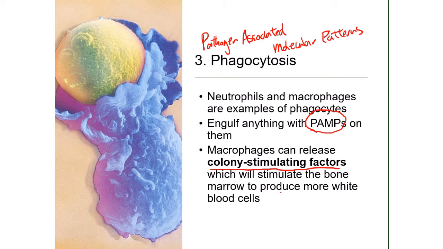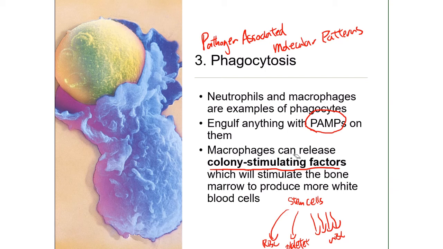You might remember from last lecture that in the bone marrow there are stem cells, and the stem cells could become red blood cells, platelets, and the different kinds of white cells. All of these lineages are triggered by the presence of certain types of chemical signals.